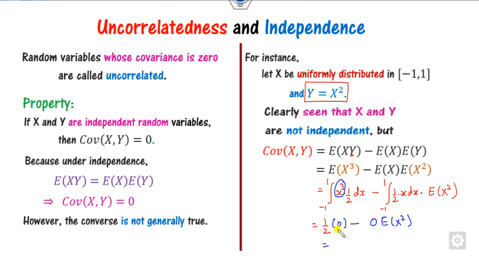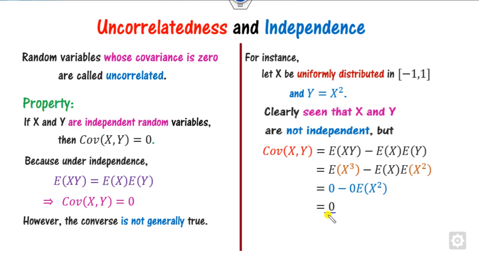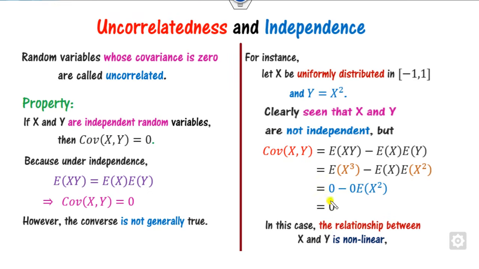So the answer is 0 minus 0, which is 0. So clearly the covariance is 0, but they are not independent. They are dependent on each other. In that case, the relationship is non-linear. So always remember, covariance 0 means there is no linear relationship between them.